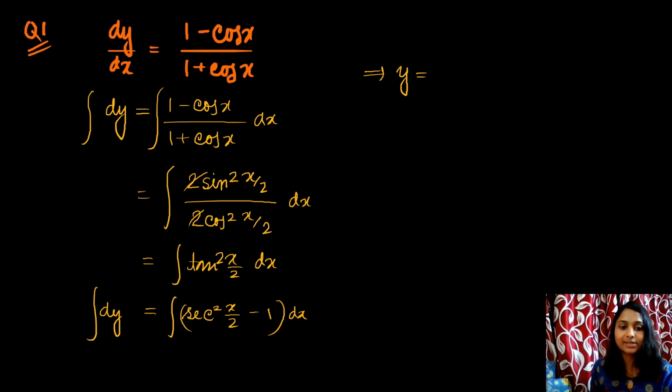The integration of sec square is tan, and there is a half multiplied with x, so it will get divided. So we have 2 tan x by 2, and the integration of dx will give minus x plus c. So this is the solution of the differential equation. And as we can see, this is a first order differential equation and also first degree. So we have a one parameter family of curves.